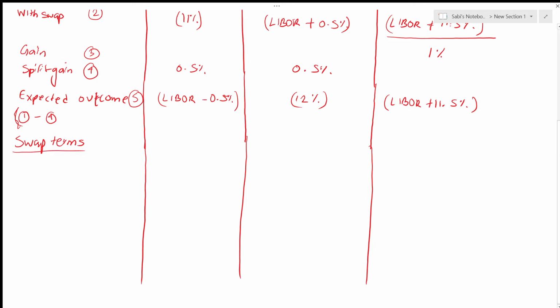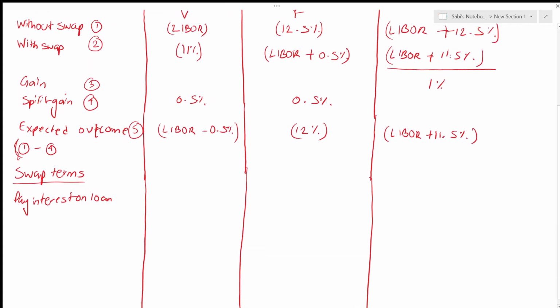First, what you have to write is this. With swap, which interest you are paying. Or you can say with swap. What is with swap? What is the number? Number 2. You could say with swap. It will be the same only. So it will be 11%, right?